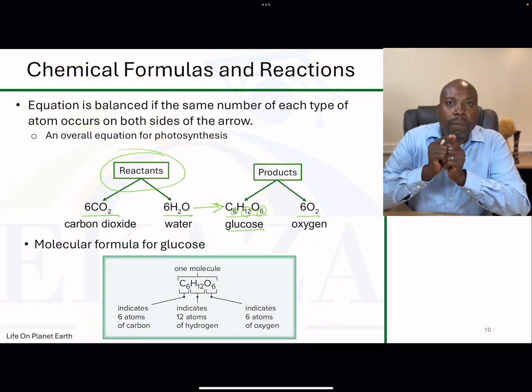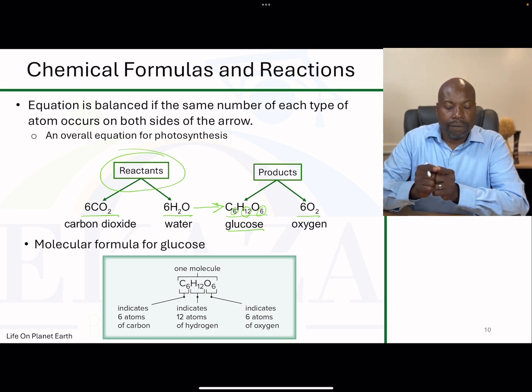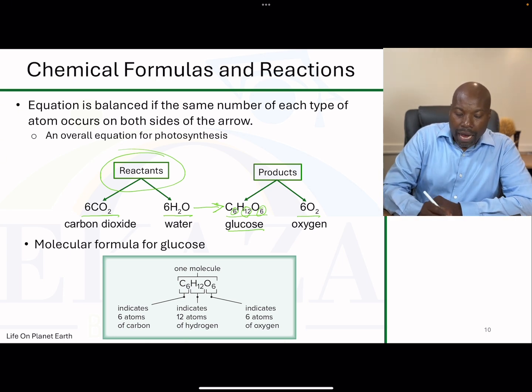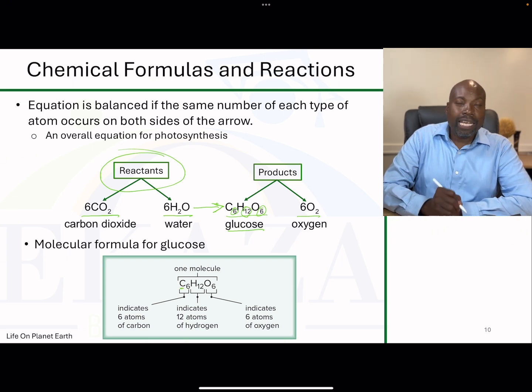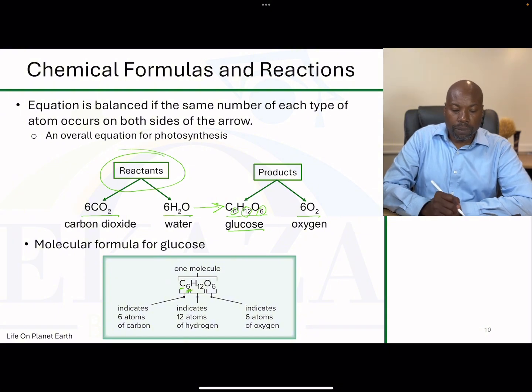Now, each number represents the number of atoms of that element, right? So you have carbon, the element of carbon is represented 6 times in a molecule of sugar.